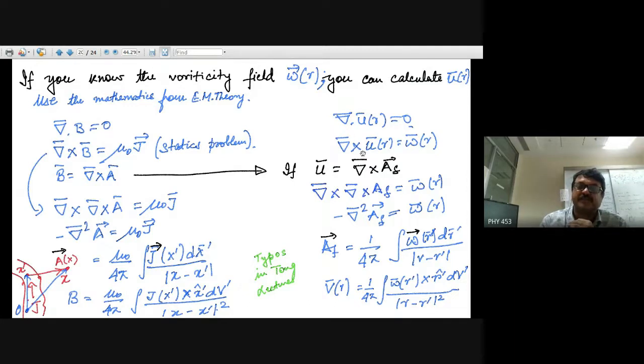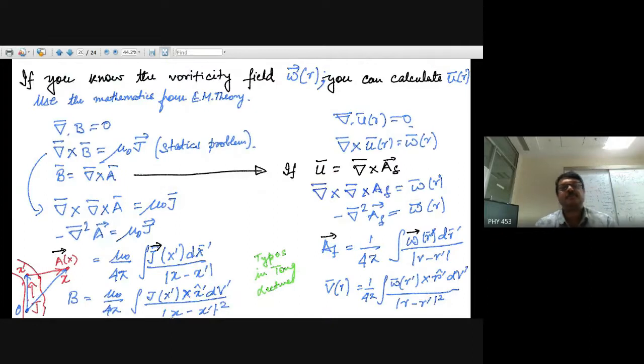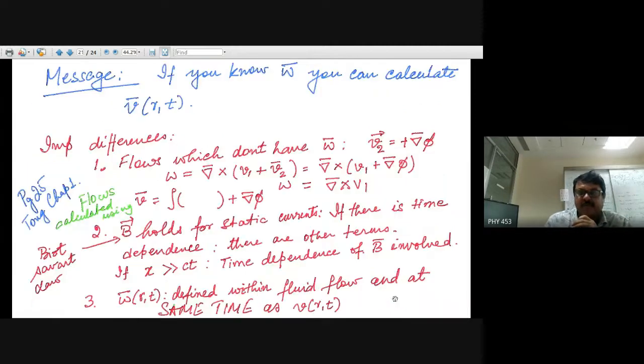Even if it was changing as a function of time, we could calculate the time dependent velocity field from omega, whereas this relationship holds here only for a static problem, because remember curl of B equal to mu 0 J plus mu 0 epsilon 0 del E del t. So if there was some change, there will be other time dependent terms. This holds for a static problem, whereas this holds for a dynamic problem.